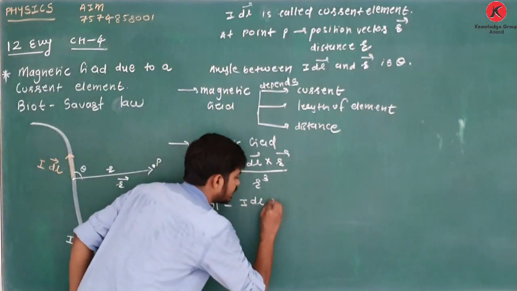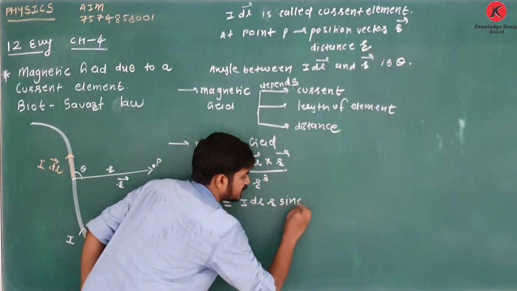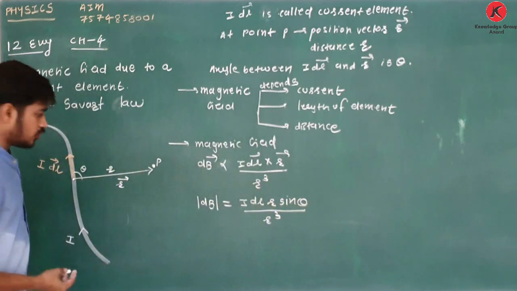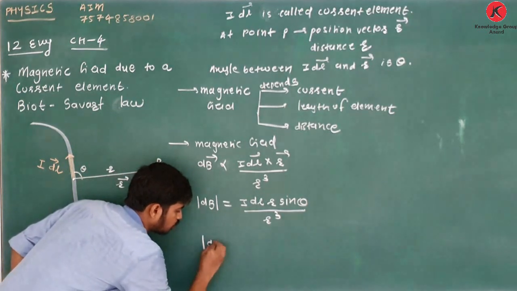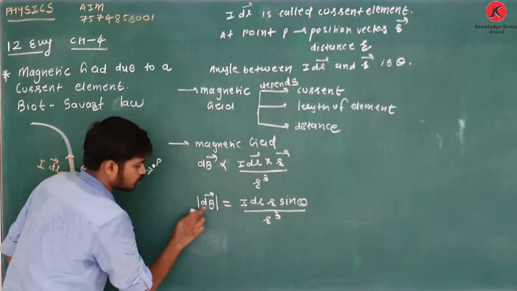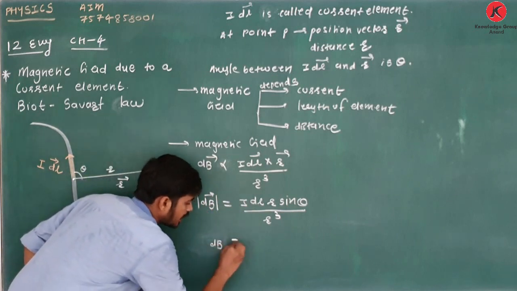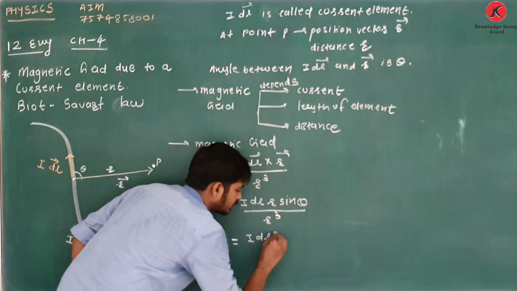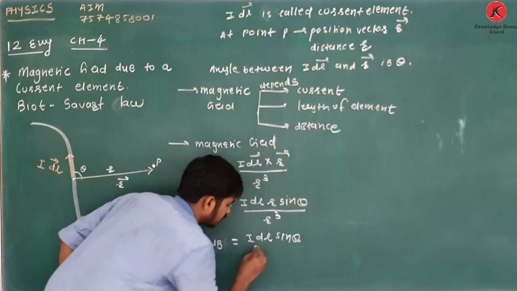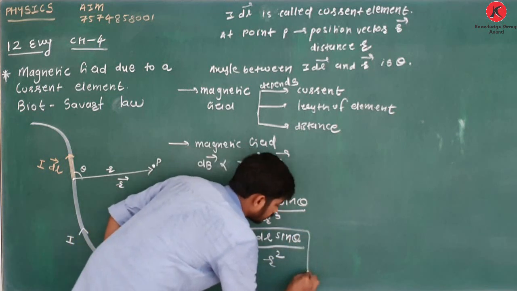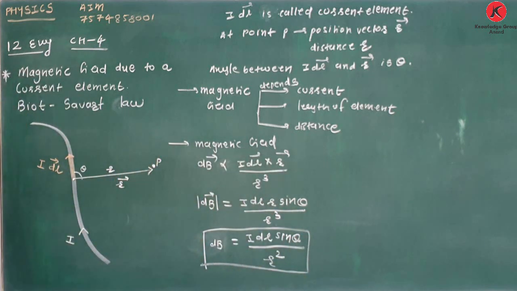Then I can write I dl r sin theta divided by r cubed. So the magnitude of dB is equal to I dl sin theta upon r squared. So yes, this equation you have to remember.